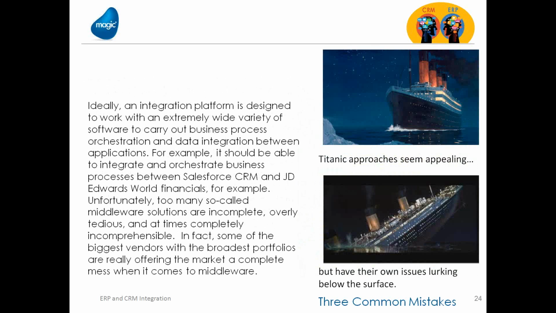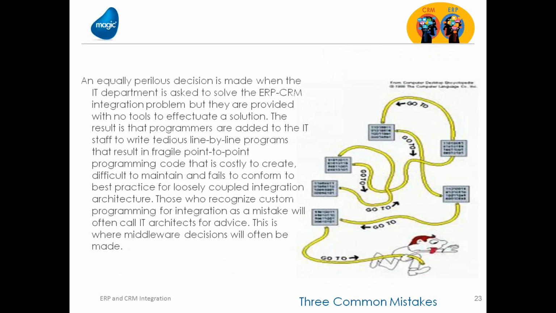So when we look at the second option, the spaghetti coding kind of approach, what you're creating is point-to-point programs that are by nature very fragile. They simply don't have the elegance of the integration platform or middleware solutions, in that there's no monitoring, there's no business process logic and control built in for things like error recovery and exceptions handling, and they're hard-coded, so there's no loose coupling in all of this.